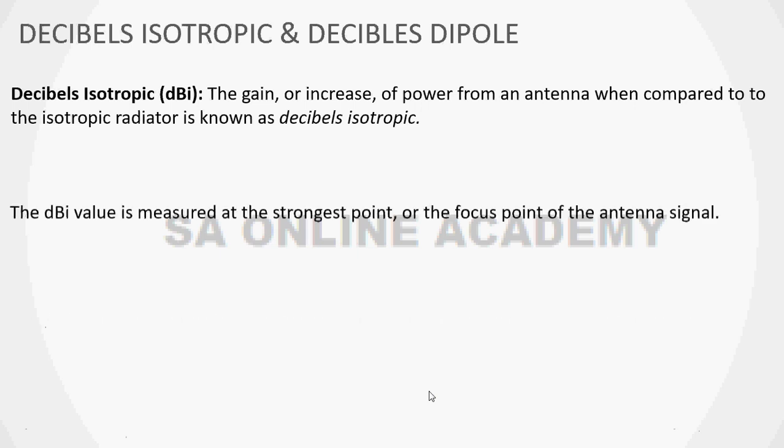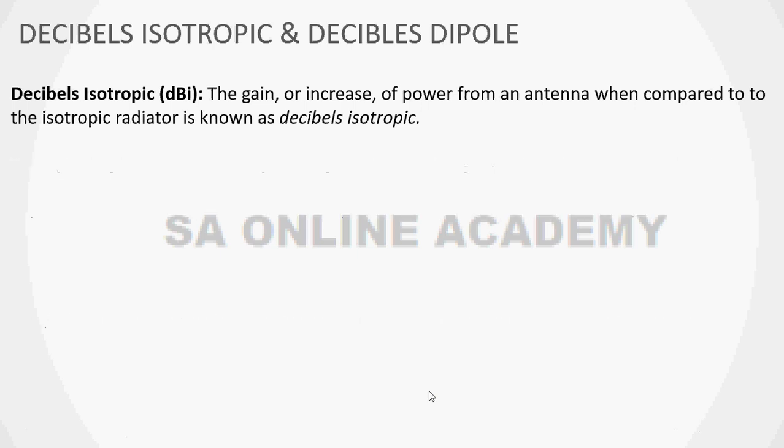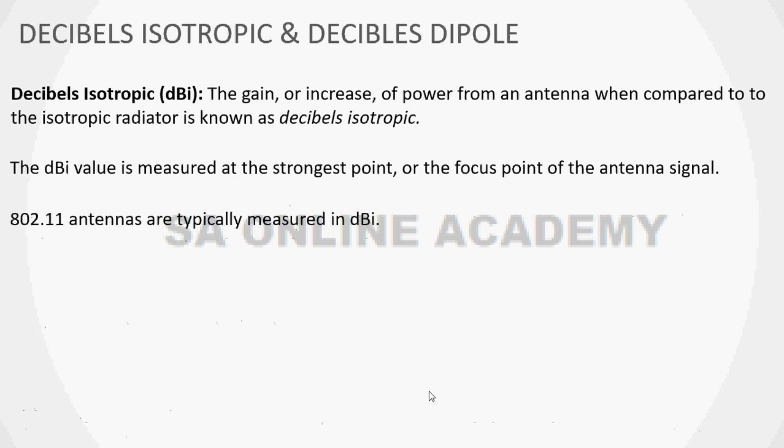Okay, so 802.11 antennas are typically measured in dBi. In coming videos, most of the data sheets of your vendors and most of the presentations will be in dBi or dBm only.